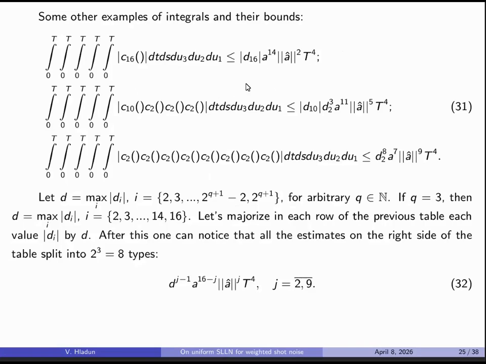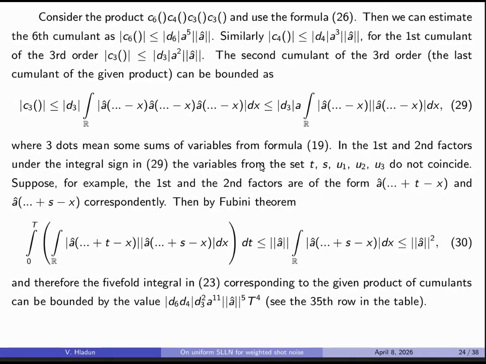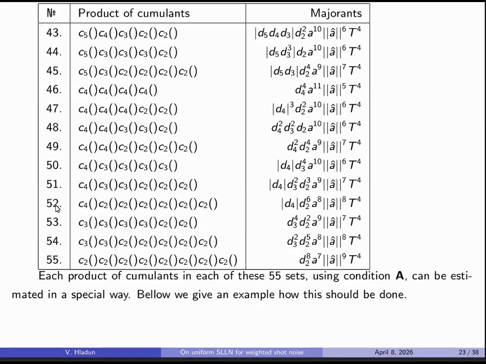Here we give additional examples of some bounds in formula 31, and as I mentioned before, all the bounds are described in this table.